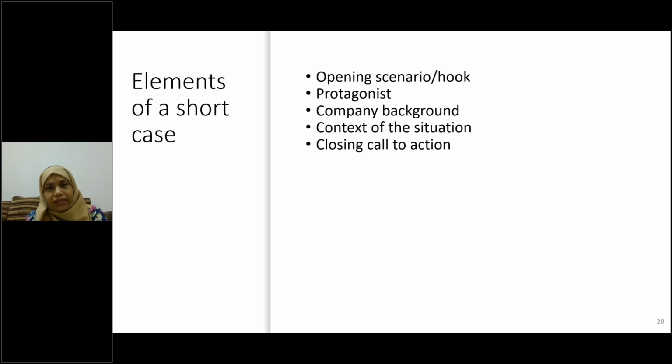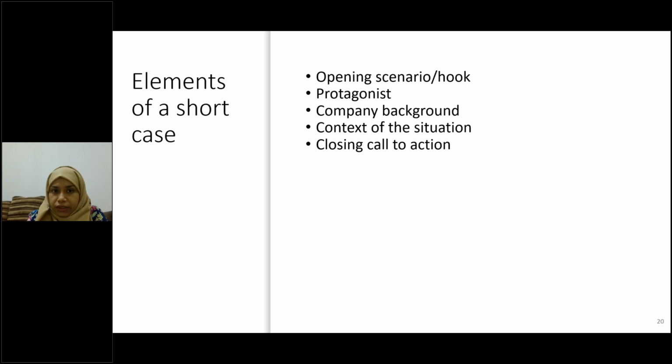I'll tell about it later in more detail. We should have a protagonist, the person facing the problem. The protagonist is a person. Sometimes cases focus on the organization and fail to address the particular person who is in charge of that particular issue or position. So that is not a good, compelling case.